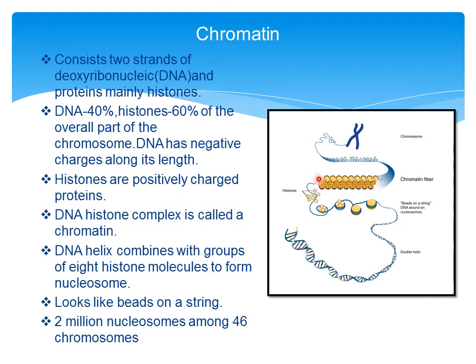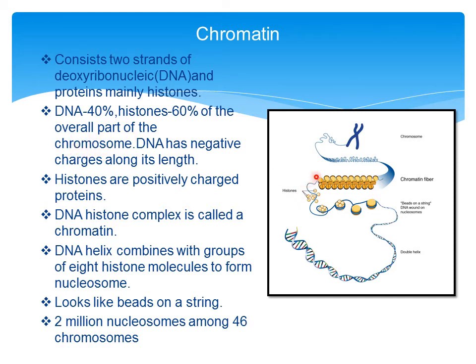It looks like beads on a string. DNA along with histones forms these chromatin fibers. And DNA is almost 40% and histone proteins are almost 60% of the overall chromosome.